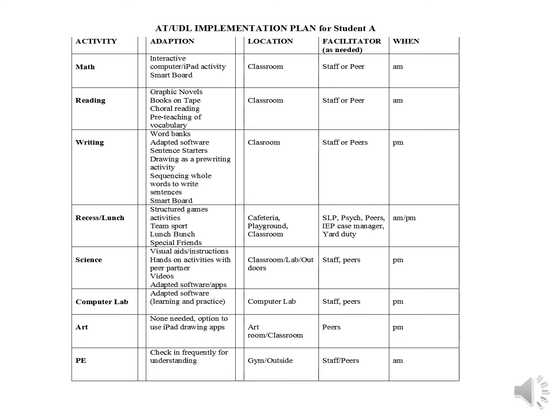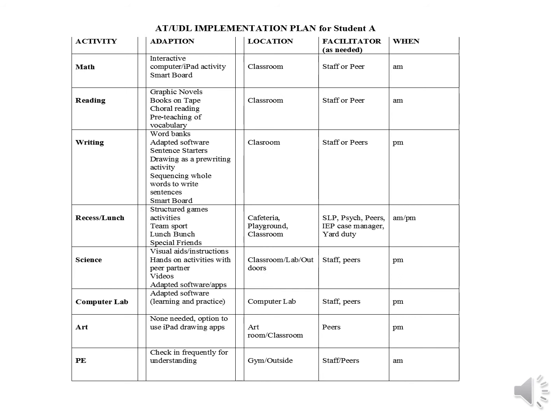So this is what Student A's implementation plan looks like. Across the top we have activity, adoption, location, facilitator, as needed, and when this is going to occur. So let's start with math, which takes place in the morning.